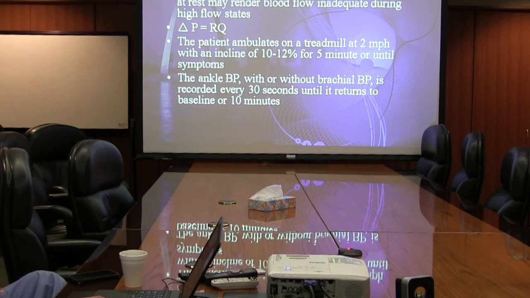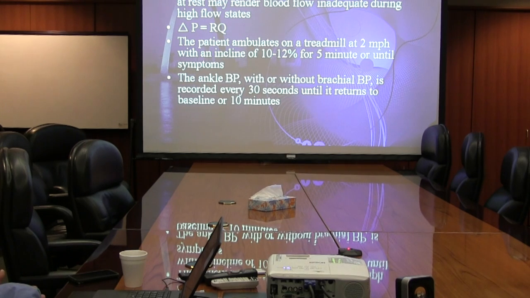All right, this is the most important thing. A patient comes in and complains of calf discomfort when they walk. Let's say they can walk a half block and then they have to stop and rest. And you get ABIs at rest, and their ABIs at rest are normal.